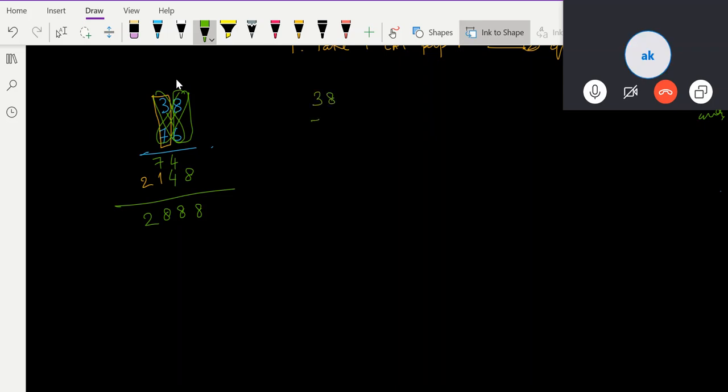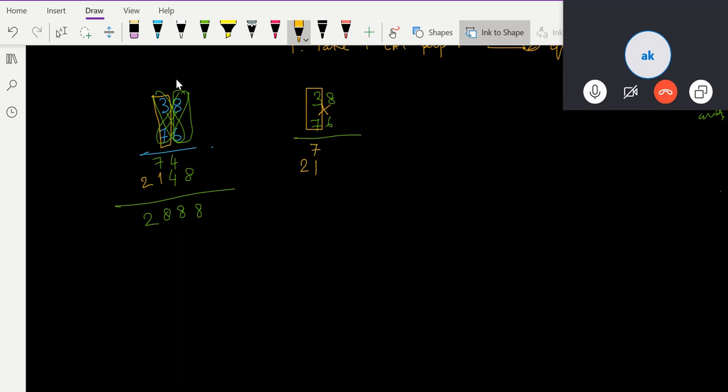38 into 76. Step 1 is very simple. Just multiply the extreme left numbers. So 7 into 3 is 21. Just write 21. Step 2 is cross multiply these two. So 7 into 8 is 56 plus 18 is 74.